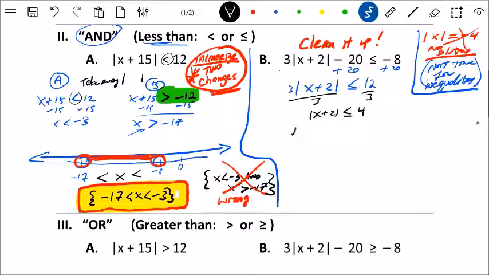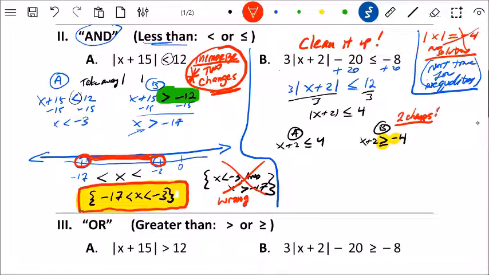Okay, now we can do case A, which is x plus 2 is less than or equal to 4. And case B, and this time I'm definitely going to remember to do the changing, or the reverse of the inequality sign, and make that negative. So I did the two things that I needed to do, two changes. Now I need to solve them. Let's subtract 2.